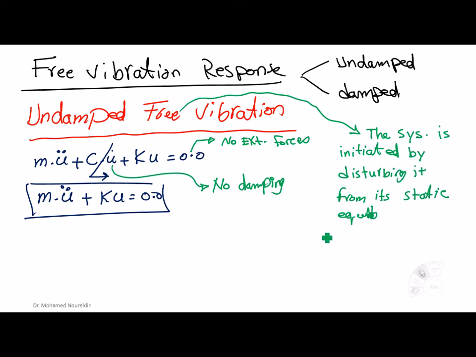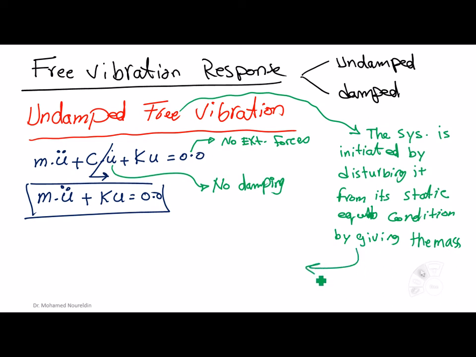This is the equilibrium condition. We do this by giving the mass initial velocity and initial displacement.